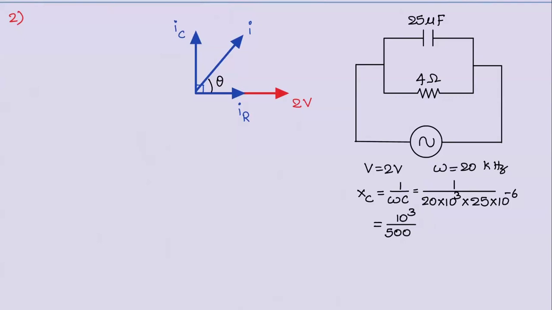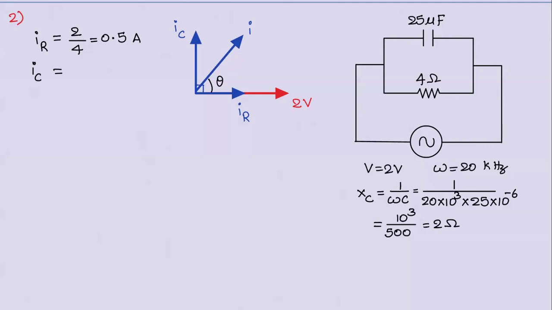So I can say this will be 1000 by 500, 2 ohm, correct? Okay. Now I calculate current. IR is equal to V by R, 0.5 ampere.